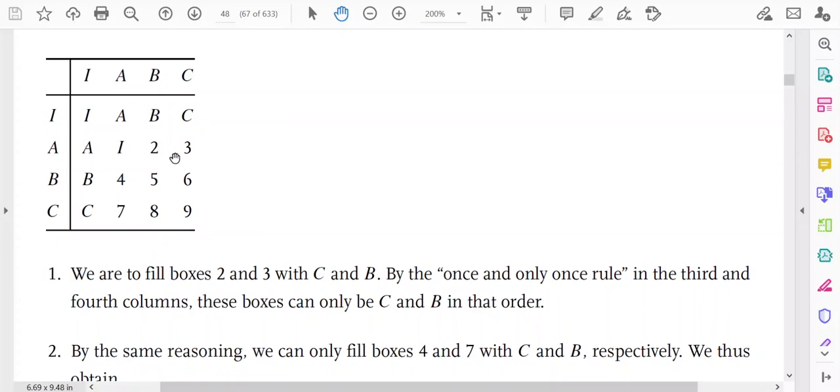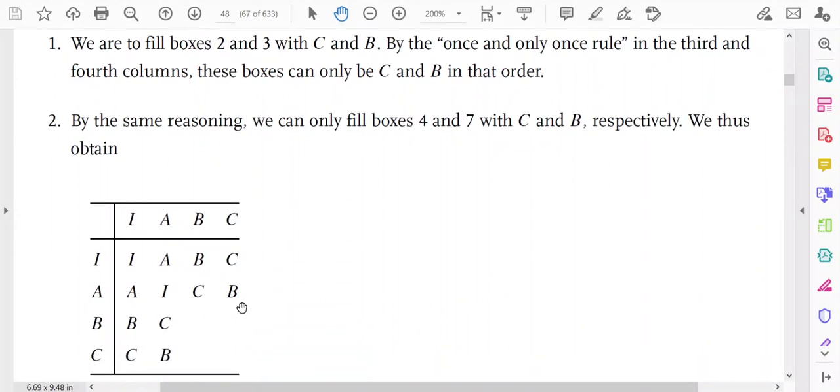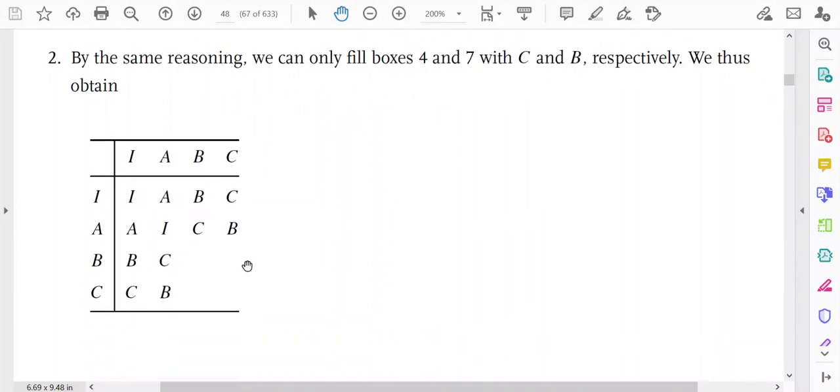So this second row, 2 and 3 will be C and B, and so this second row is now completed, and by the same reasoning we can only fill boxes 4 and 7 with C and B respectively. So we thus obtain this one.